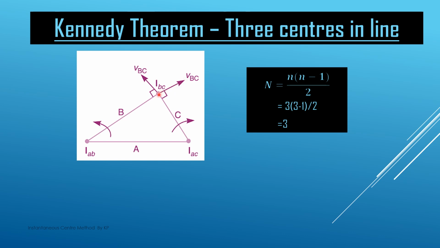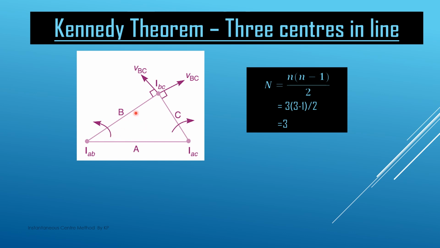So the same point in the mechanism has two different velocity vectors, which is not possible. Any point on any link has only one velocity with respect to any other point. This is only possible when this IBC point lies on the line joining IAB and IAC. If this point is somewhere else, the velocity vector with respect to IAB will be in the vertical, upward direction, and with respect to IAC it also has a velocity vector in a perpendicular direction.